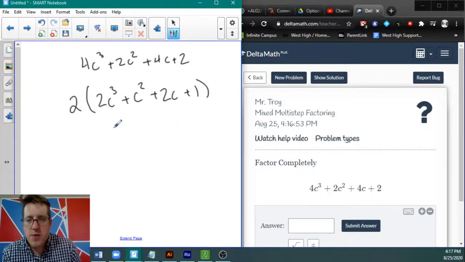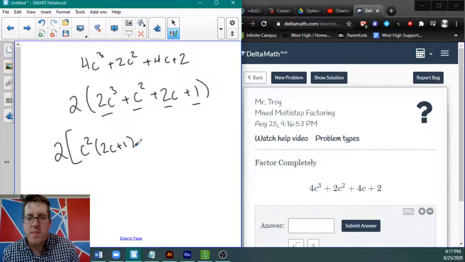Then to decide if you can factor by grouping, you're looking for this pattern of 2, 1, 2, 1. I can. So c squared times 2c plus 1. And this has to be 2c plus 1.